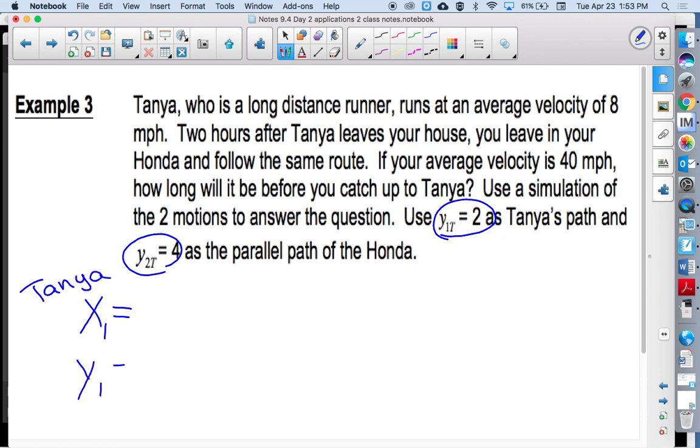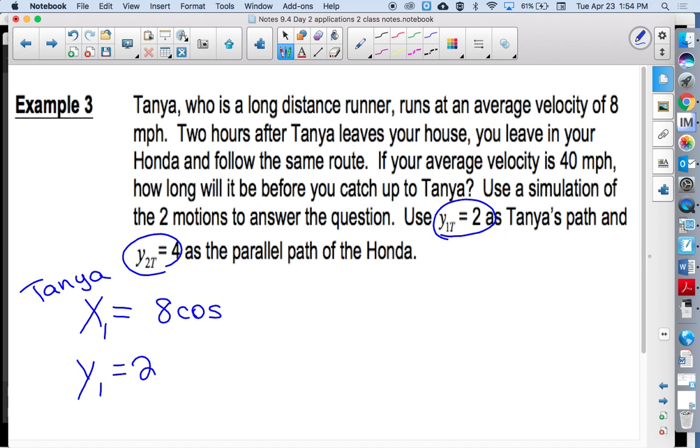So y1 for Tanya is 2. And the reason it's 2 is so that it's not on the x-axis. Because if it was 0, then you wouldn't see it on the x-axis. So putting it at 2 just puts it above the x-axis. So Tanya's velocity, 8 miles an hour. We still need to think of that same formula. So velocity cosine of the angle.